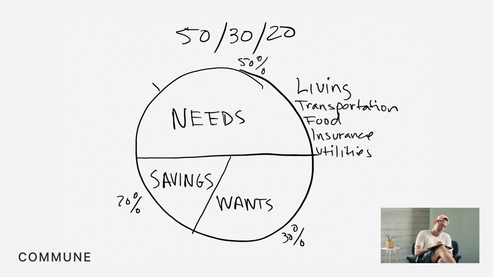But if you are in debt, in your needs, the 50% that's allocated for essentials, pay the minimum payment on your credit card or on your loan. So in needs, we're also going to put minimum payment. And what you guys are going to quickly discover throughout these videos is my writing's kind of crap and my grammar's not great either. But anyway, minimum payments is going to go towards your needs.